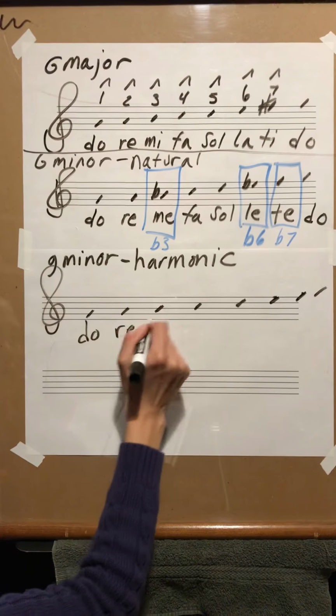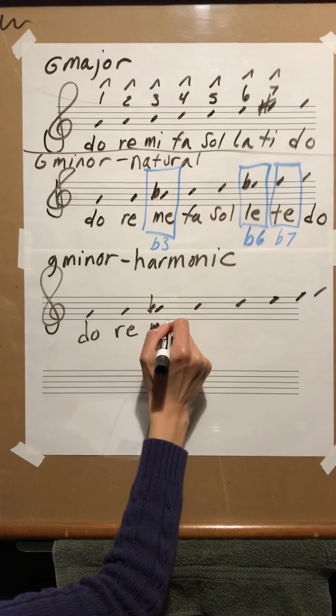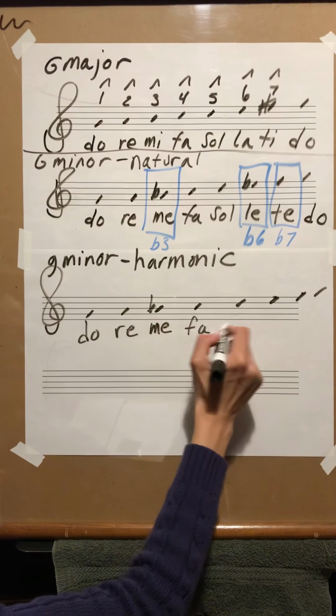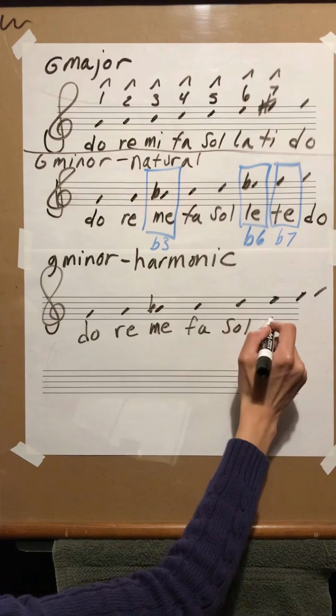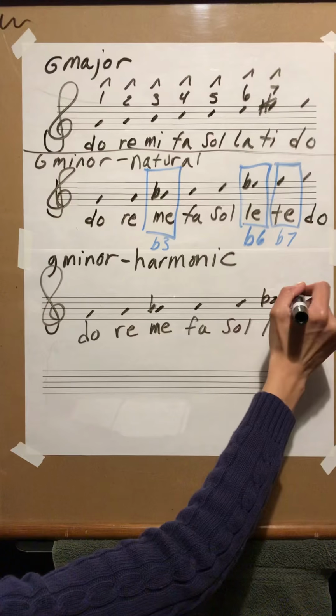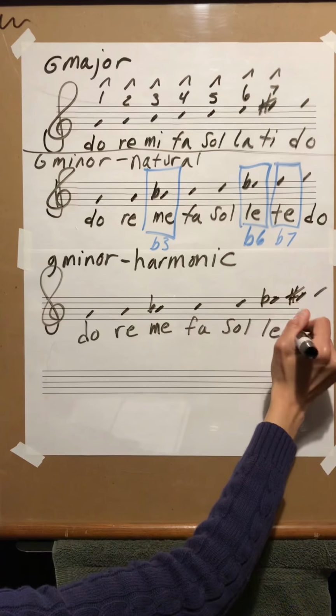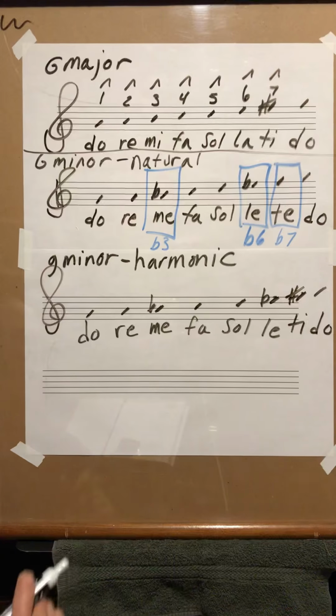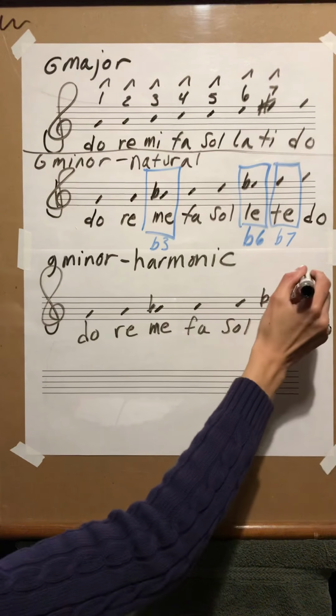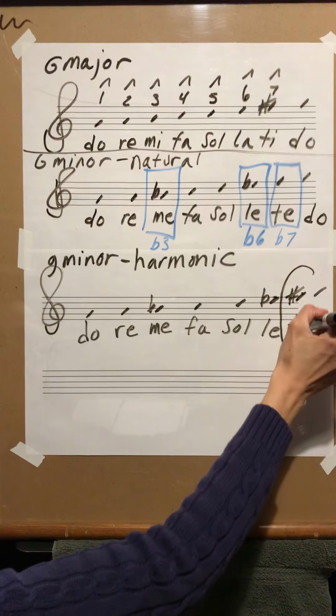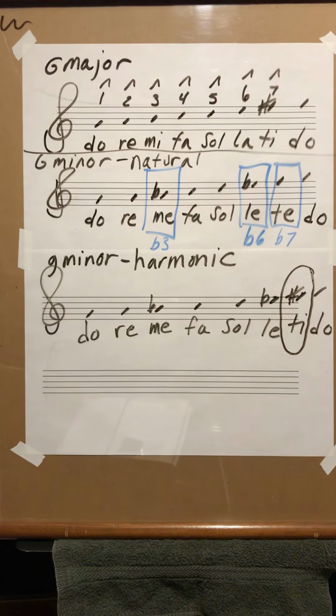Do, re, me, fa, sol, lay, ti, do. So the big one that's different for harmonic minor is we have a raised 7th degree.